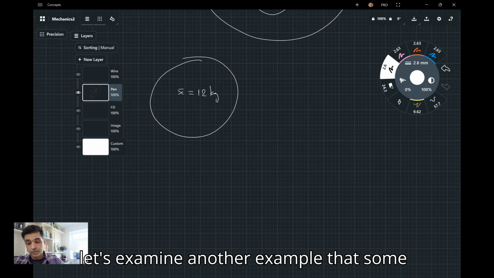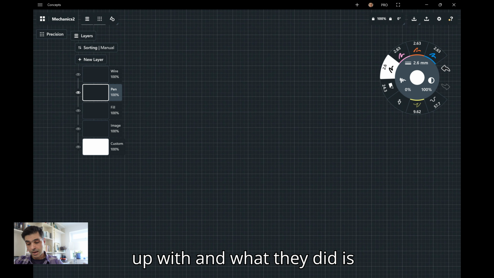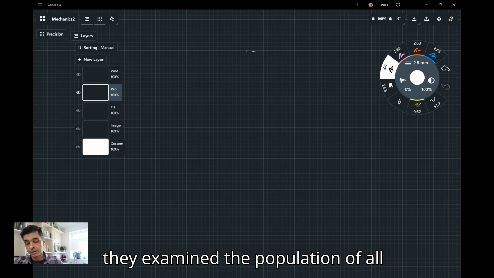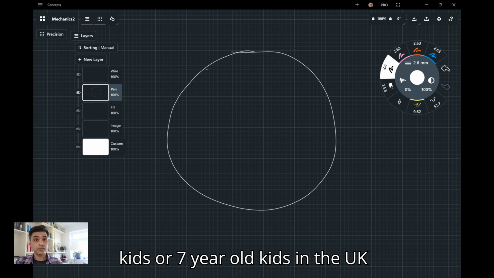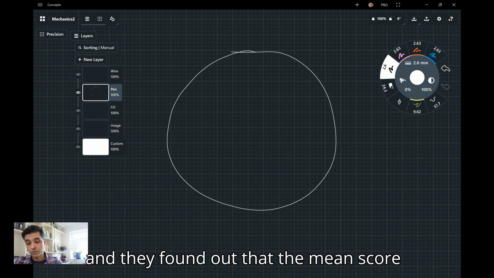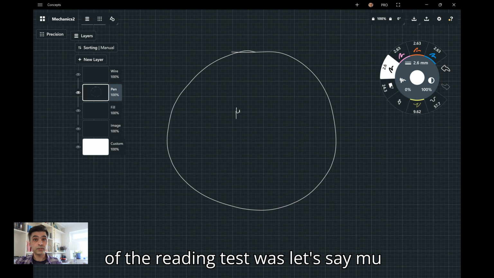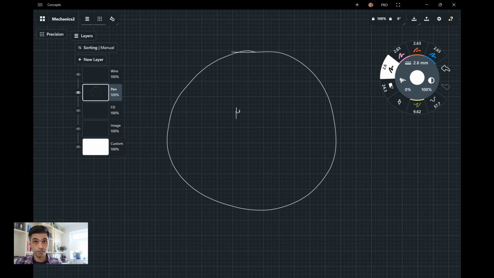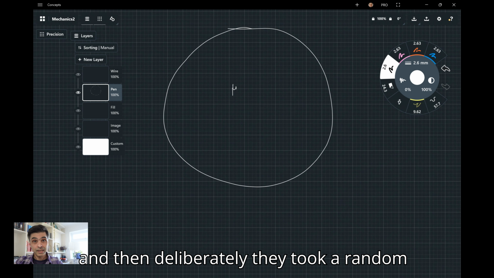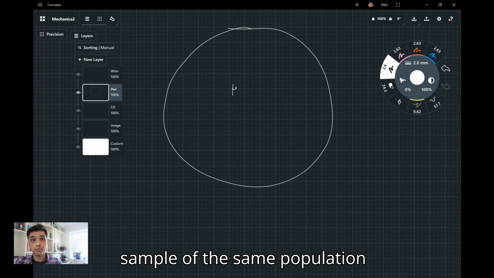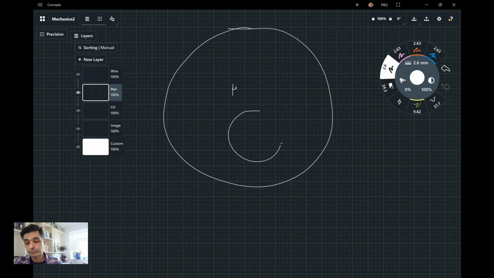Now, let's examine another example that some researchers came up with. What they did is they examined the population of all 7-year-old kids in the UK, and they found out that the mean score of the reading test was, let's say, mu. And then deliberately, they took a random sample of the same population.